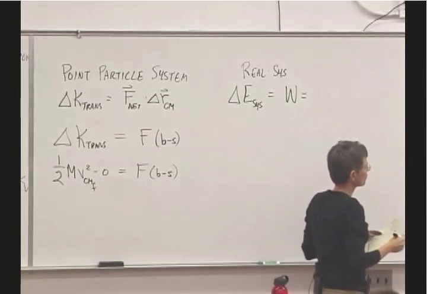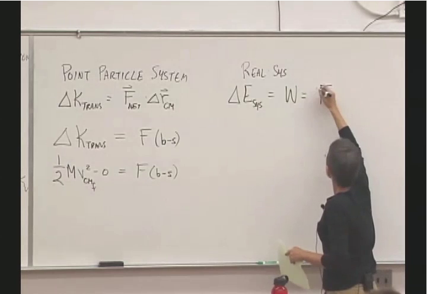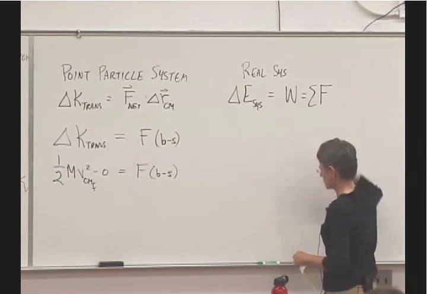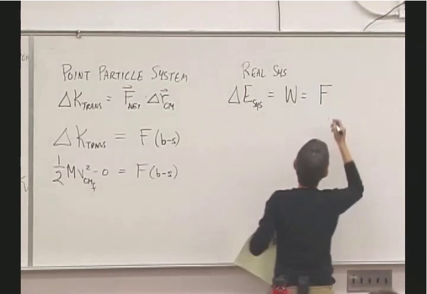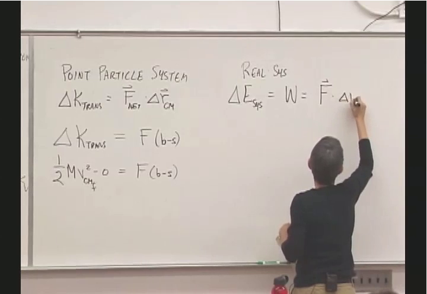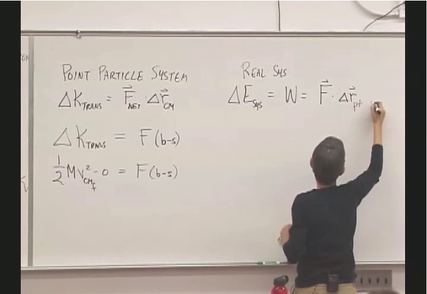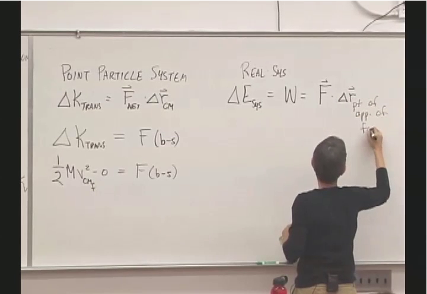And now we have to actually be careful. That's the sum of any real force, well, we won't write sigmas, that's confusing. It's the force times the displacement of the point of application of the force.